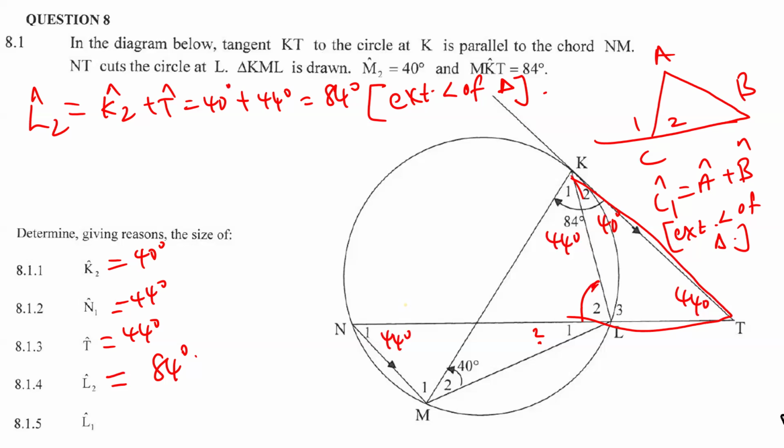Let's see what you say there. Isn't the angle subtended by a chord equal to 90?